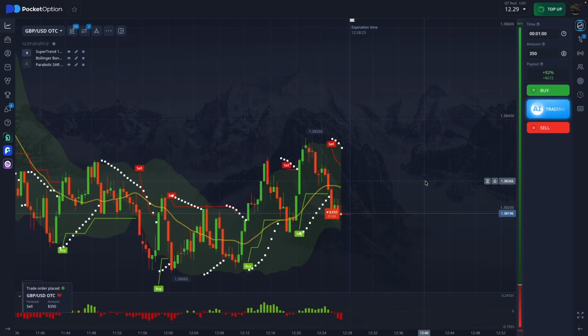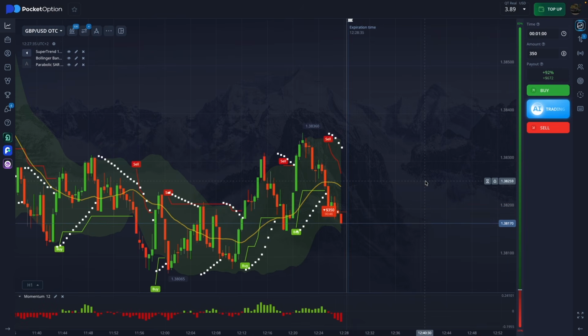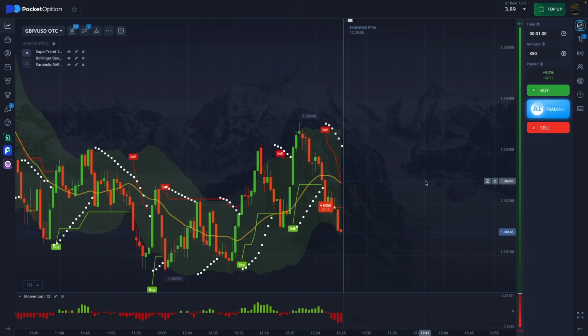And immediately I found a good opportunity to enter a down trade on another chart. There are only a few seconds left until the trade closes and another trade finishes in profit.